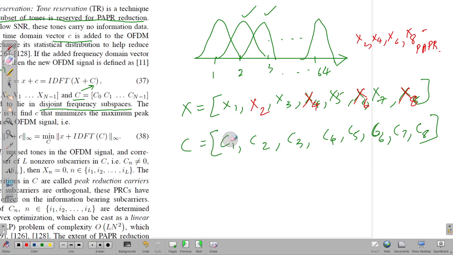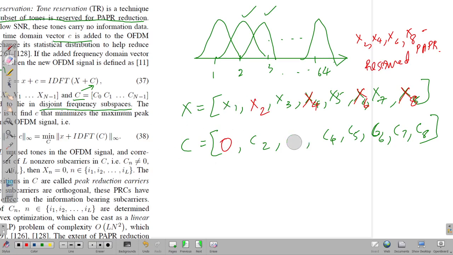Since they lie in disjoint spaces, this will be 0 because x1 carries data. These colored tones, x2, x4, x6, and x8, are reserved for PAPR reduction, and the other tones carry data.